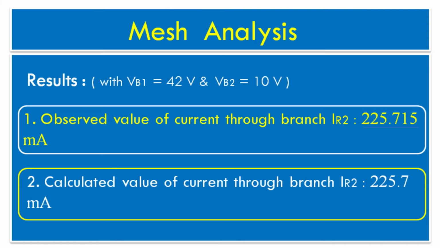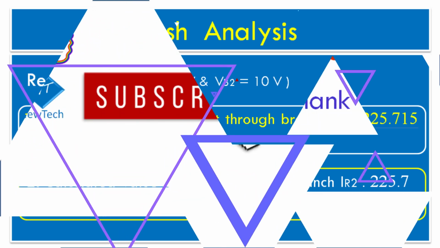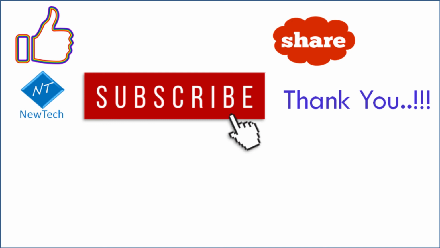For the mesh analysis experiment with VB1 equal to 42 volt and VB2 equal to 10 volt, as result 1, the observed value of current through branch IR2 is equal to 225.715 milliampere. Result 2, the calculated value of current through branch IR2 is equal to 225.7 milliampere. In this video, we have performed practical of mesh analysis using Multisim software.